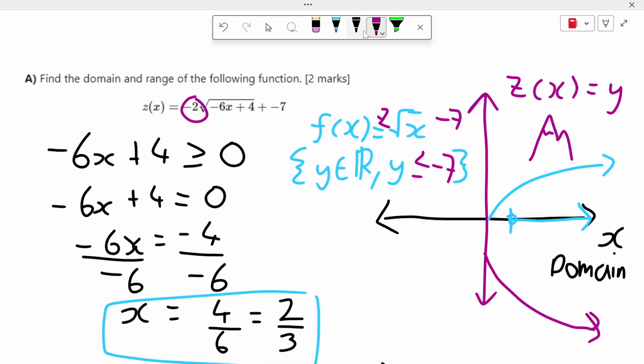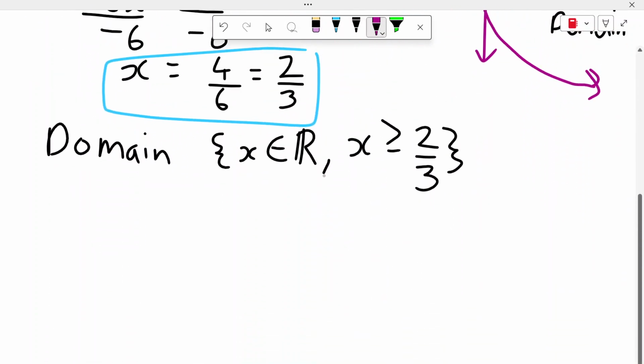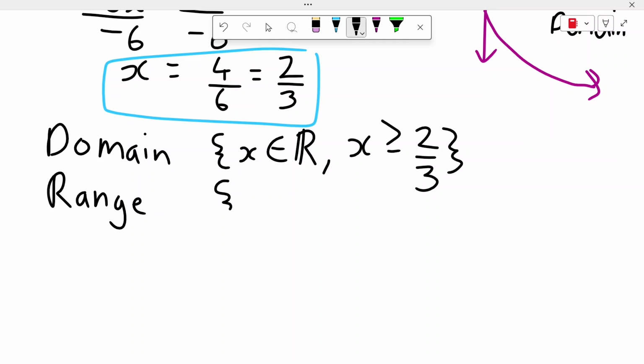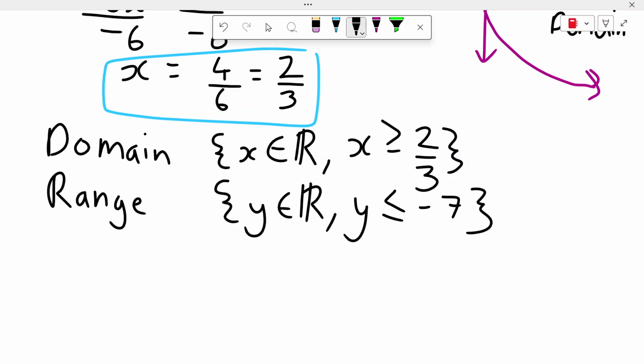Okay, so those are our two ways of doing it. We've got the domain and we've got our range, where y is an element of all real numbers, and y has to be less than or equal to minus 7. There we go.